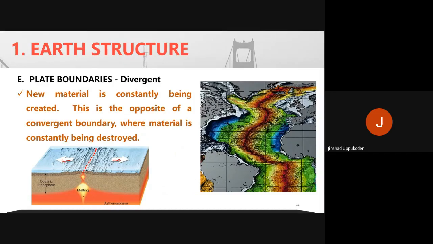New molten magma comes out and forms new crust. So you get an area like this, which we call a mid-oceanic ridge. In the figure here, this red thing is actually the oceanic ridge.